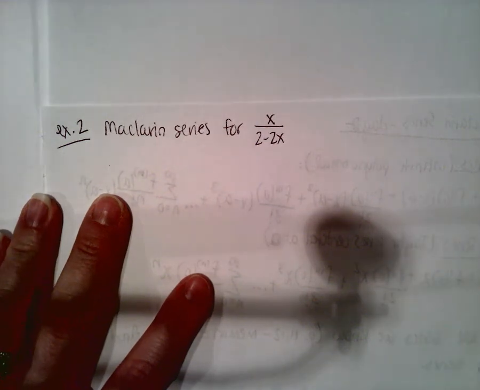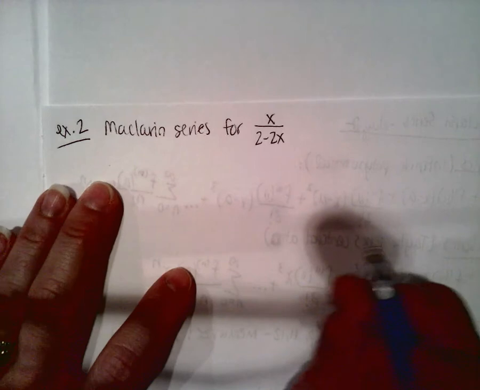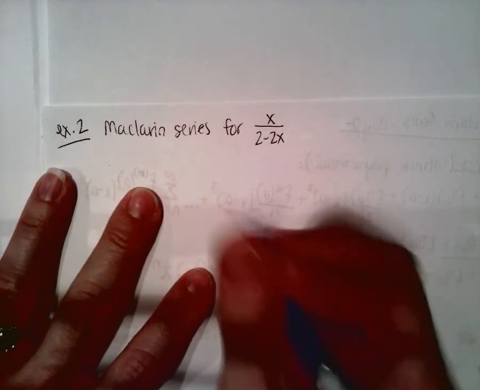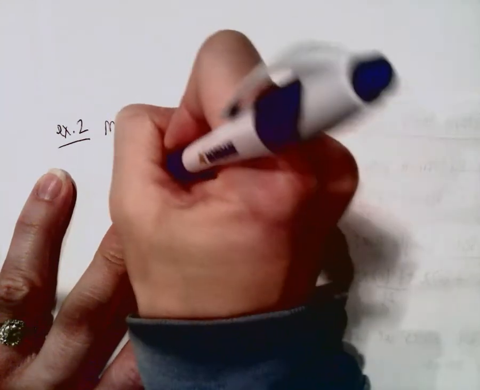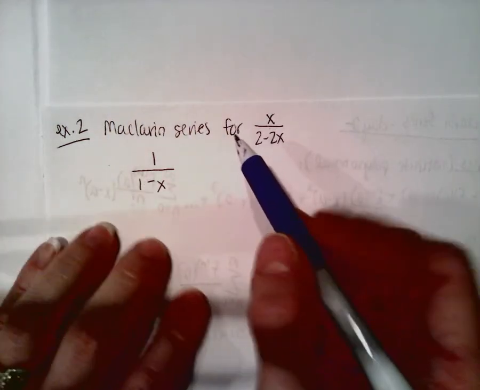Okay, well, I'm thinking of the series that were on the previous 2 pages. The one that's the most similar is 1 over 1 minus x. Now, definitely not the same, but it's sort of similar.